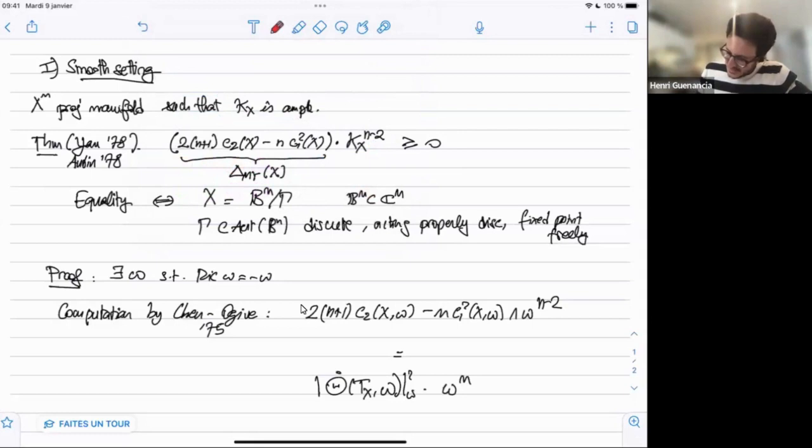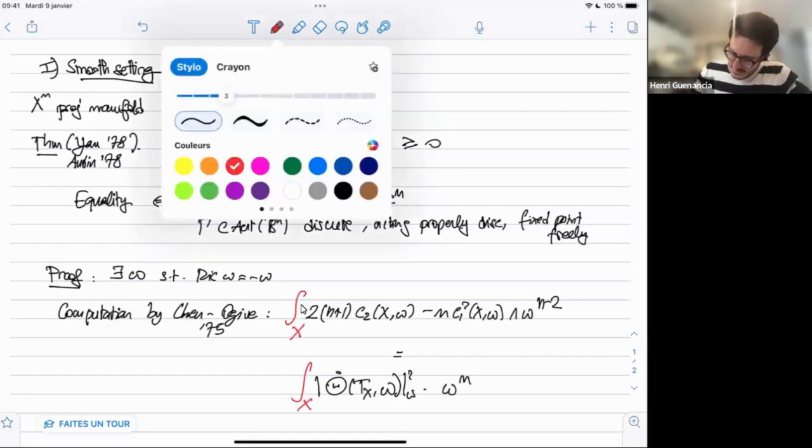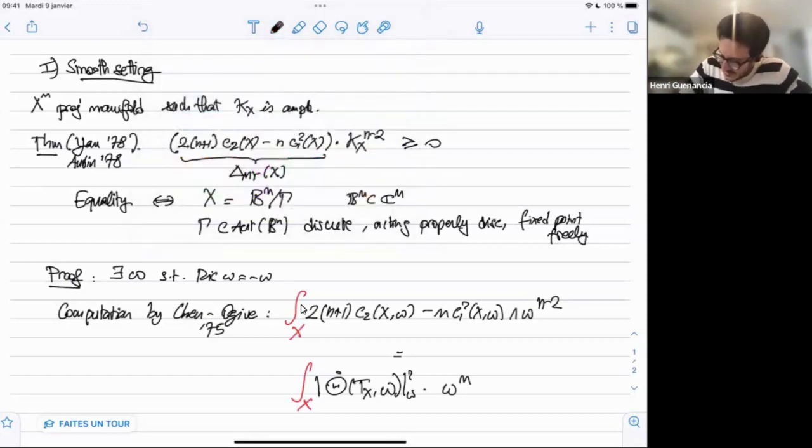And so this is a pointwise inequality, and now I can integrate over X. And what this tells me is, well, certainly this is non-negative. And the equality case happens exactly when T_X has constant curvature tensor.